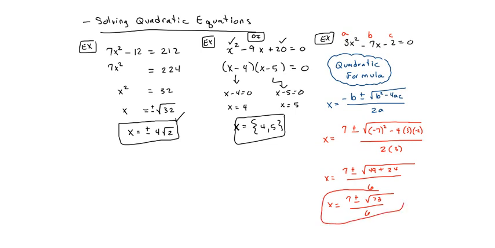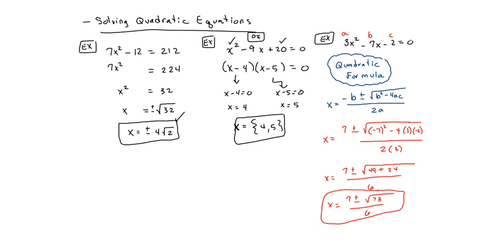It's actually 2 answers. If you had a calculator, you would now type in 7 plus the square root of 73. By the way, the square root of 73 would be somewhere between 8 and 9. So let's call it 8.3. 7 plus 8.3 would be like 15.3, and you would divide it by 6, so you'd get 2.18 or something like that.